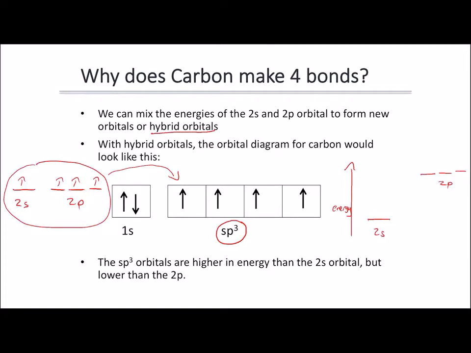So if we mix those two energies, it'll end up somewhere in the middle here. So if my 2s is lower in energy, but my 2p's are higher in energy, mixing those two together, I'll get a hybrid orbital that's a little bit lower than the 2p, but a little bit higher than the 2s. But doing the hybrid orbital this way, now I can make 4 bonds that are all the exact same as each other. And so now let's look at these different hybrid orbitals.